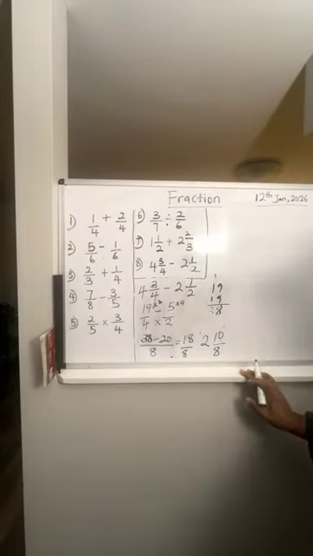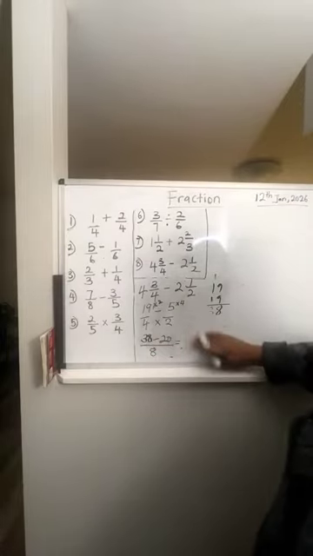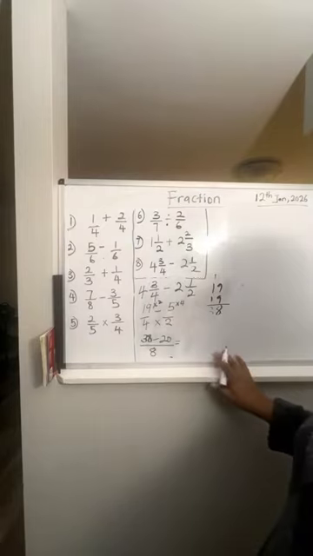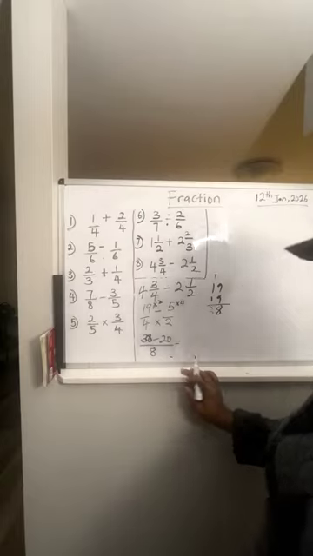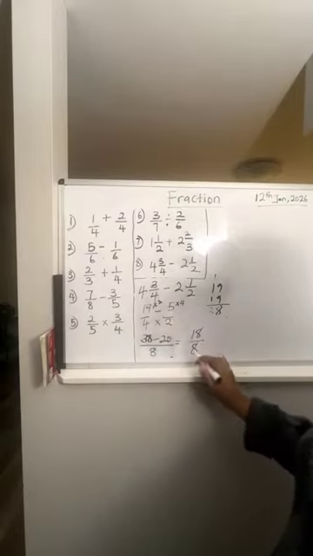There is a mistake here. 38 minus 20. Sorry. 38 minus 20 will give us 18. Yes. We have 18 over 8.